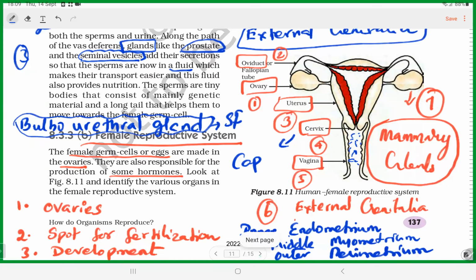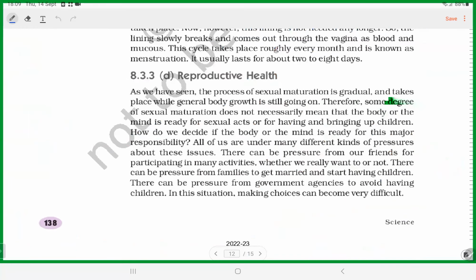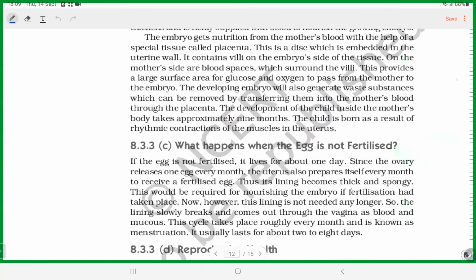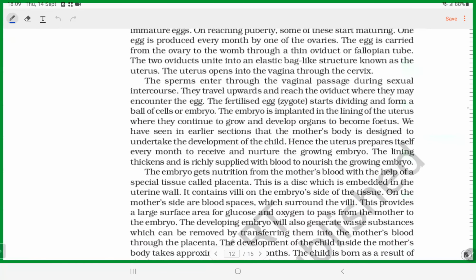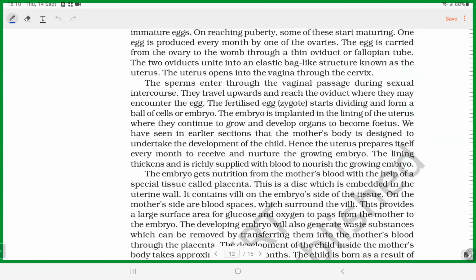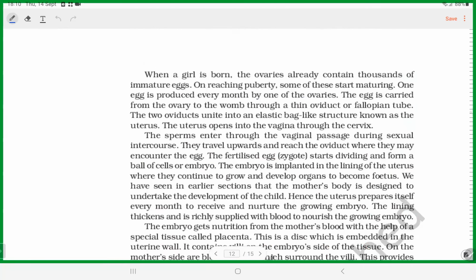There are tissue folds called labia majora and labia minora, the tissue folds present in the external genitalia.